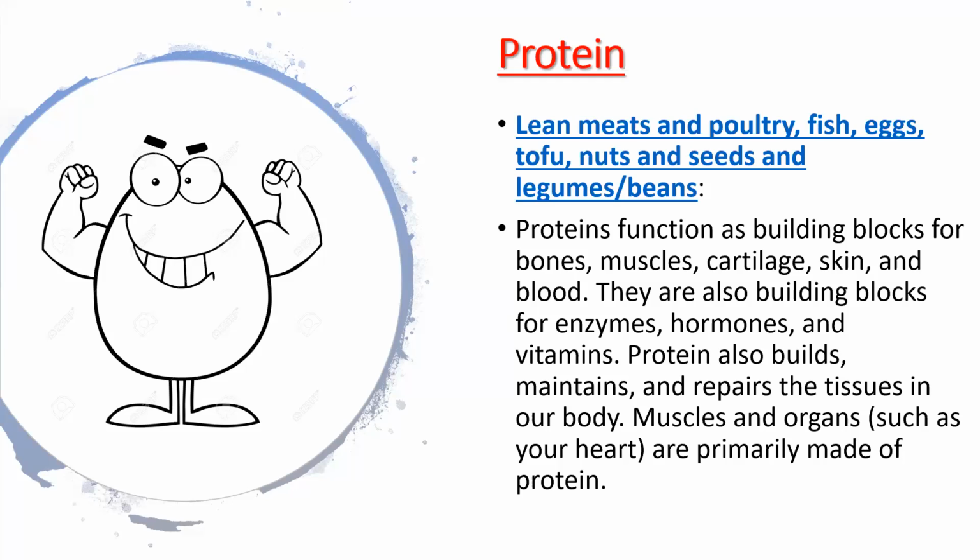So protein also builds, maintains, and repairs the tissues in our bodies, muscles, and organs. And they are primarily made up of protein. That's why that's important. And protein also includes our lean meats, our poultry, fish, eggs, tofu, nuts, and beans. They're all sources of our protein.